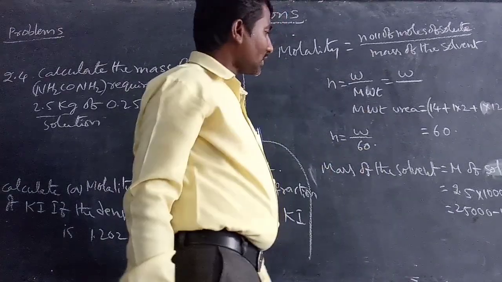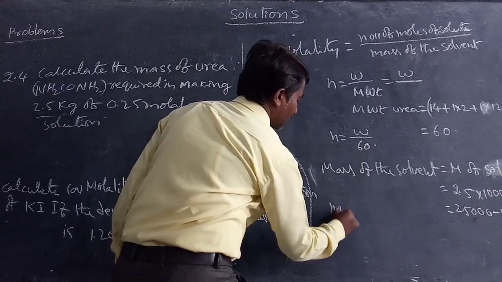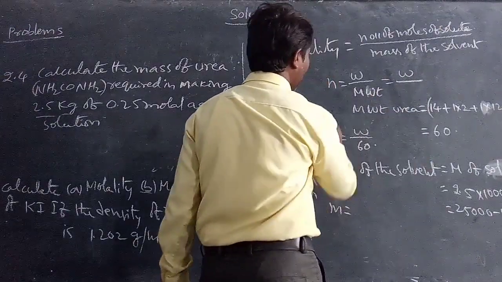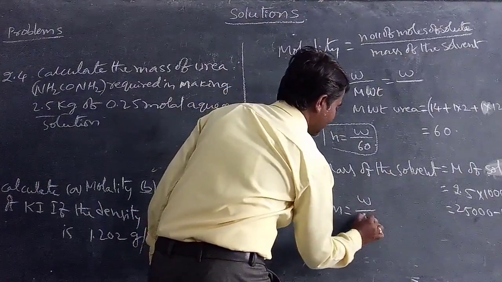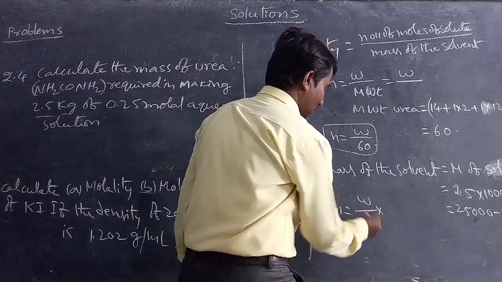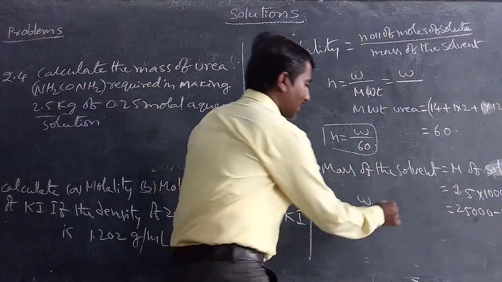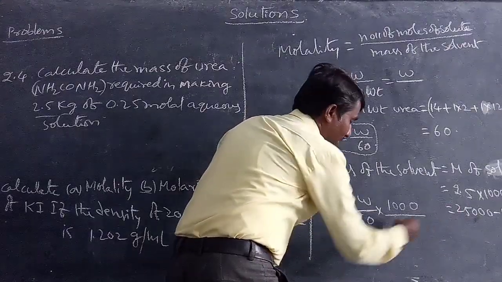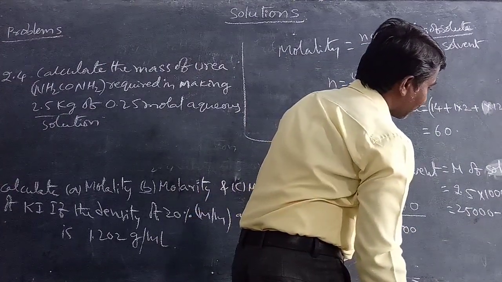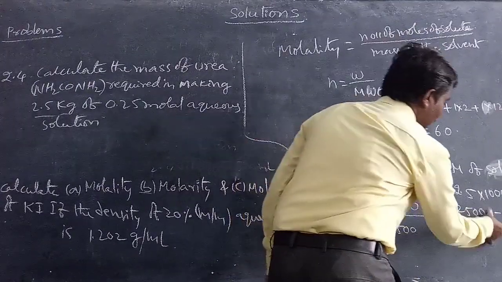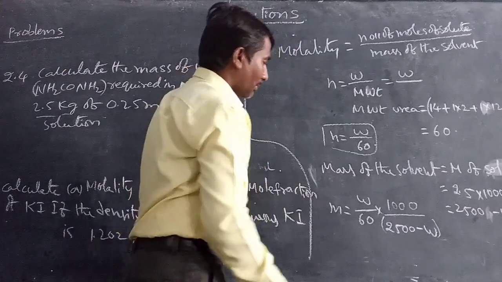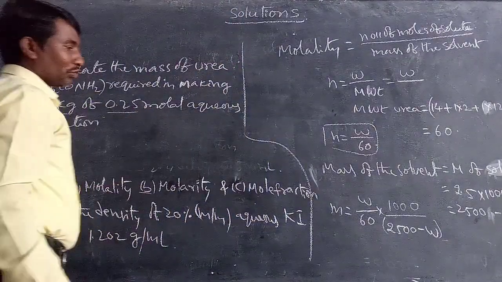Then now molality. Molality equal to number of moles of solid, weight by 60, into 1000 divided by the mass of the solvent, 2500 minus W. Then molarity is given, 0.25.